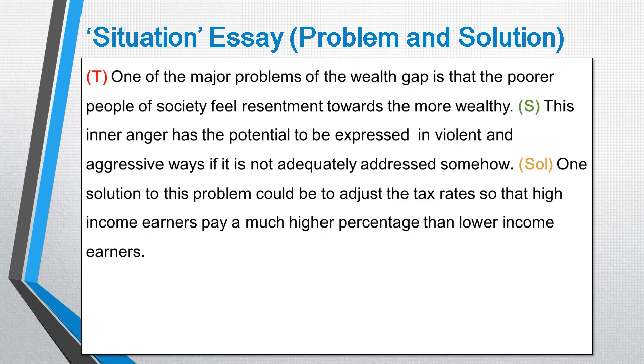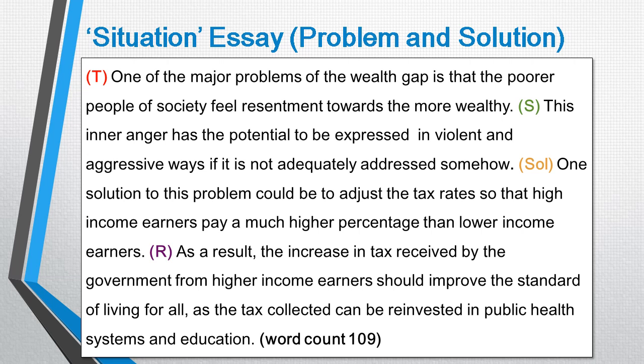The question, of course, asks for a solution to the problem, so here it is. "One solution to this problem could be to adjust the tax rates so that high income earners pay a much higher percentage than lower income earners." And next we'll add a result sentence saying what this particular solution will lead to.